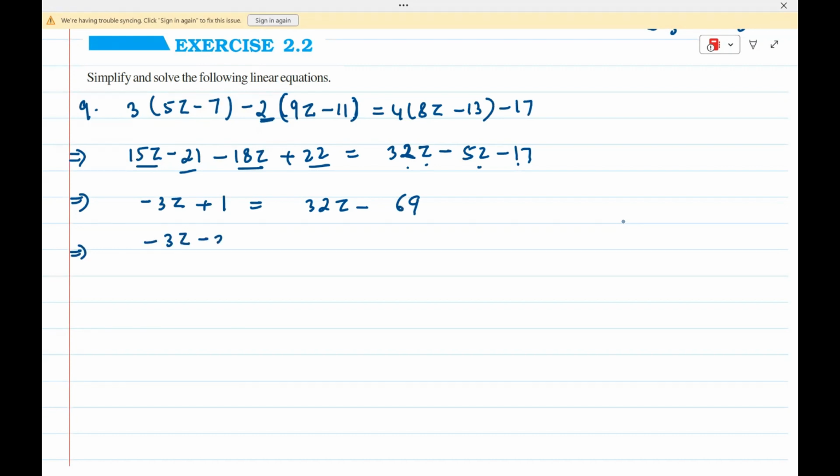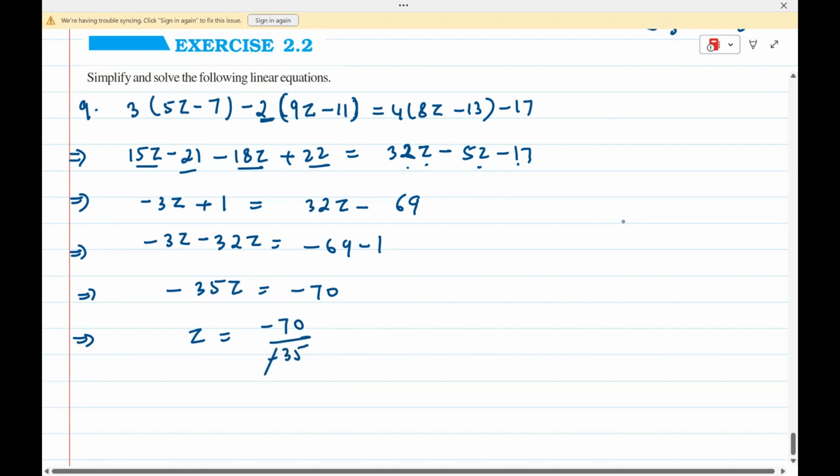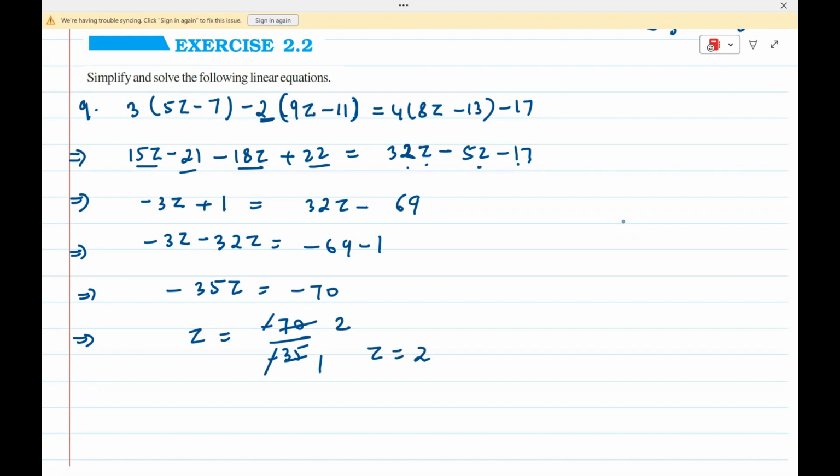Minus 3z minus 32z is minus 69 minus 1, which will give you minus 35z, and here minus 70. Transferring the number, it is in multiplication, so we'll go for division. Minus 35. First of all, minus minus cancel. 35, 1s and 2s. So z is 2 over here. So the answer is 2.